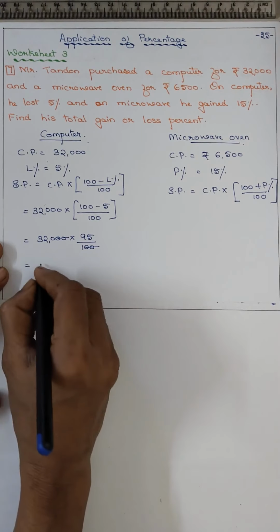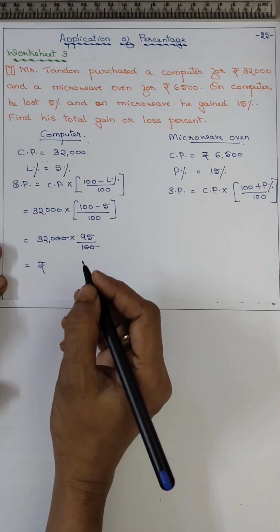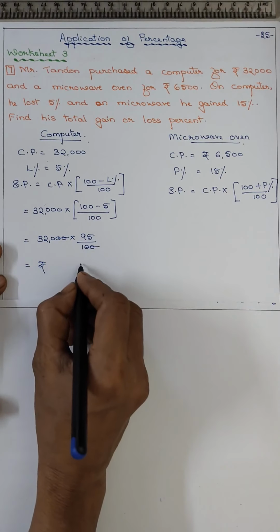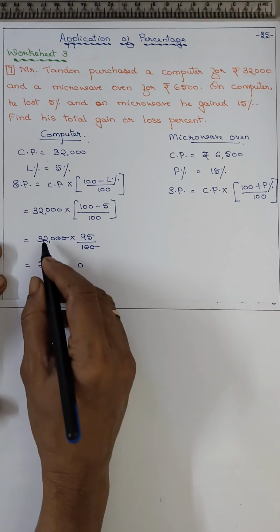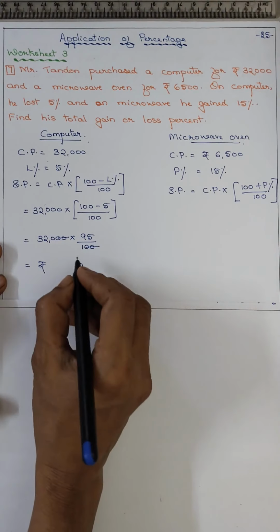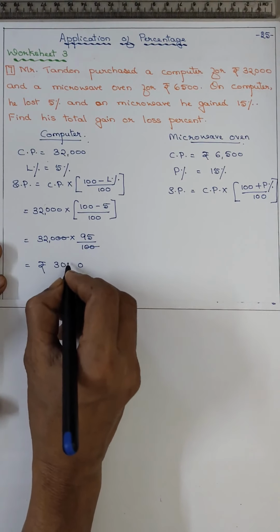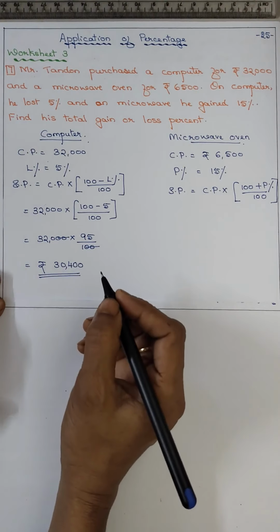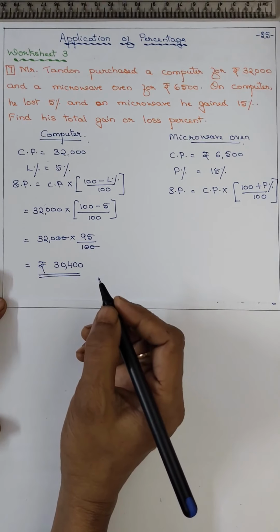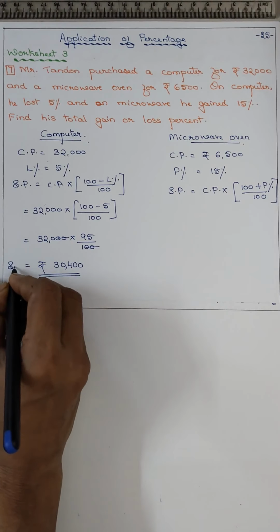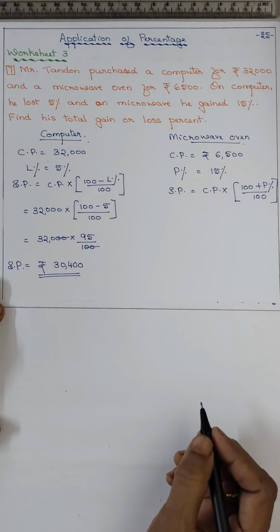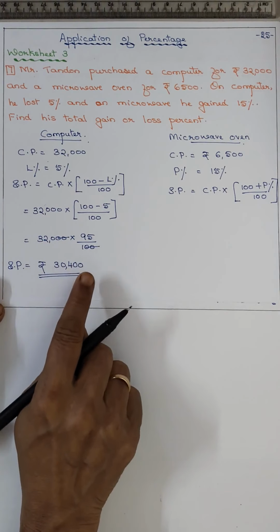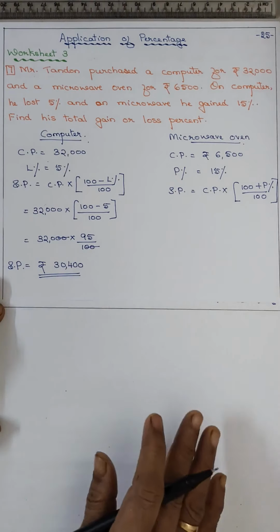So now you have to multiply and see. Okay, 95 into 320. So 0, then 32 into 95, you will get 3040. So you will get the answer 30,400. That is SP of the computer. 32 into 95. Do it and then 0.